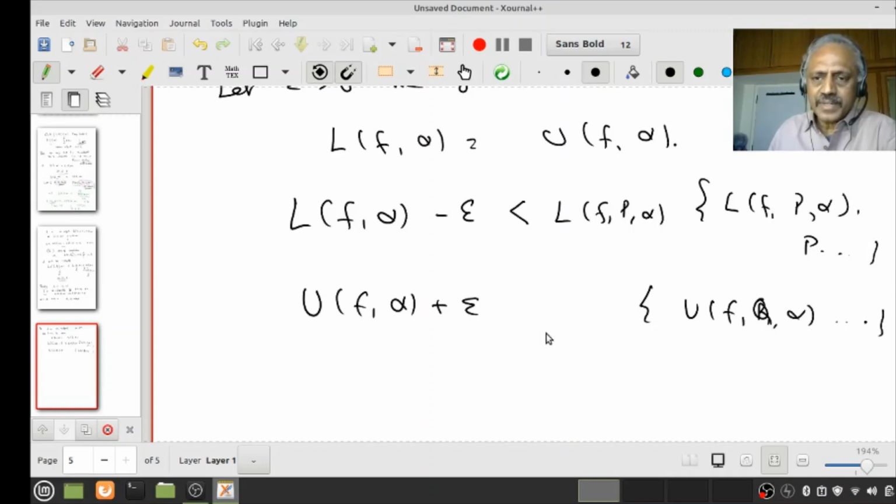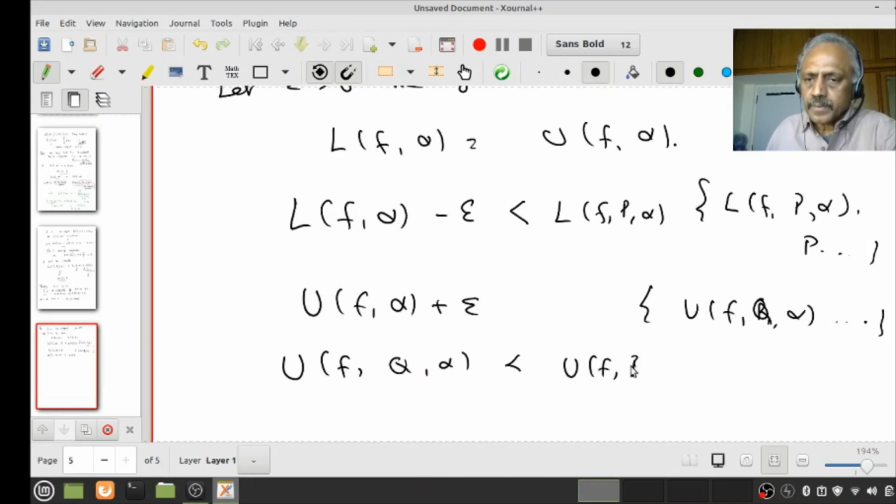So what does that mean? This is not a lower bound, that means there is an element so that UfQ alpha will be less than Uf alpha plus epsilon. This is not a lower bound, therefore there is an element which is less than that.